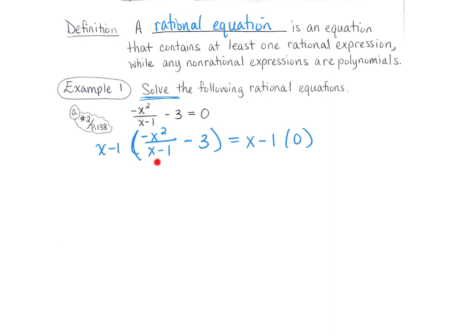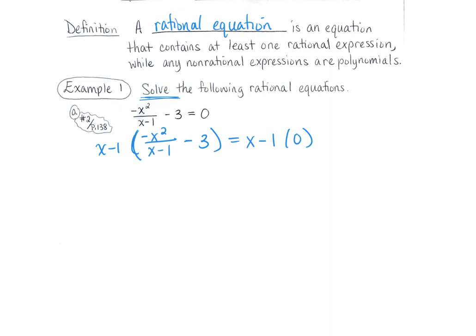Does it look like we're multiplying x minus 1 times all of this? No, what does it look like we're multiplying? It looks like we're multiplying this negative 1 by this. So in order to say we're multiplying all of this by x minus 1, what do we need to do?